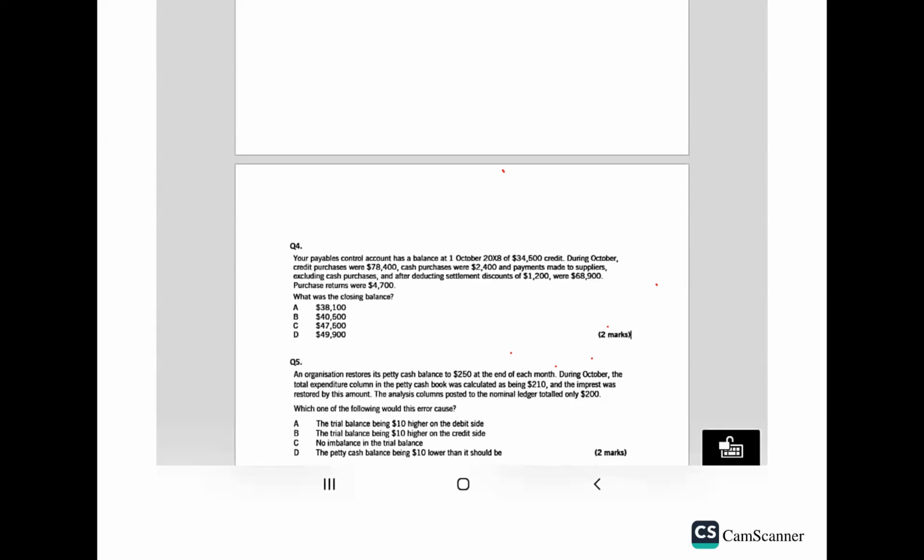I haven't said the answer. Understanding what general expenses are will help you even to answer some questions in financial statements.